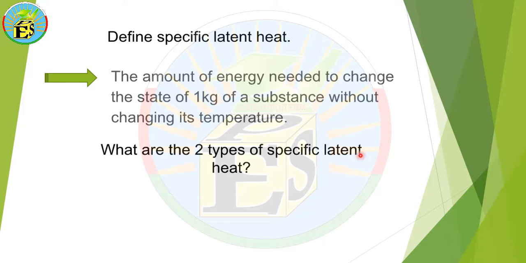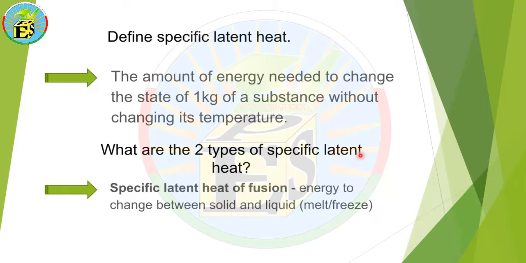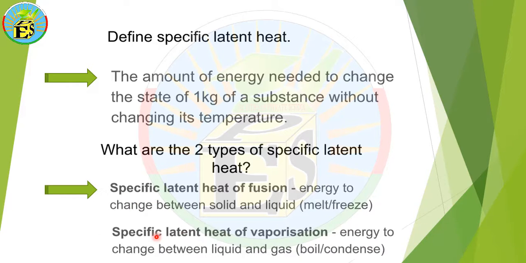The first one is the specific latent heat of fusion, the energy to change between solid and liquid, melt or freeze. Next is the specific latent heat of vaporization, the energy to change between liquid and gas, boil or condense.